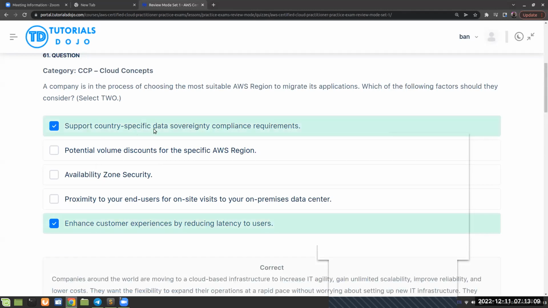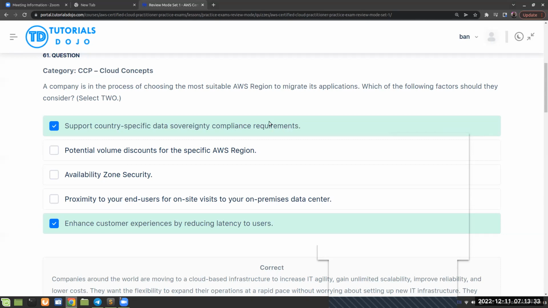Thank you. So when you are choosing a region, you always think about country-specific data sovereignty compliance requirements, because the data compliance requirements in America may be different from Europe. Even in Europe, each country has different compliance requirements.